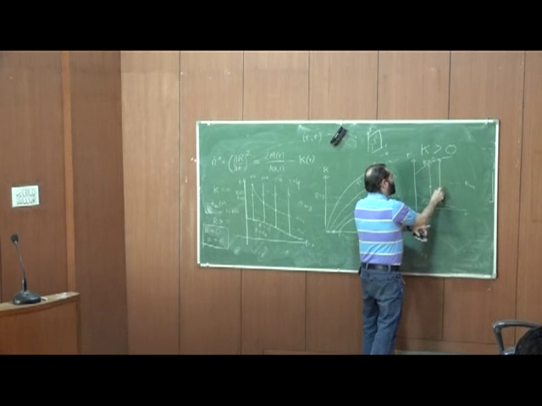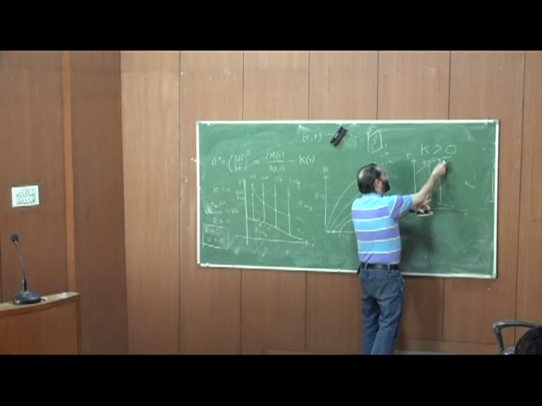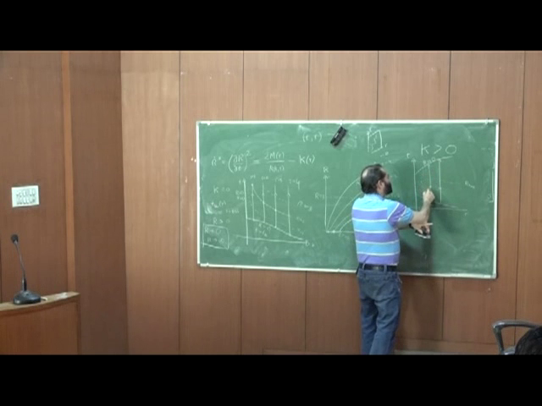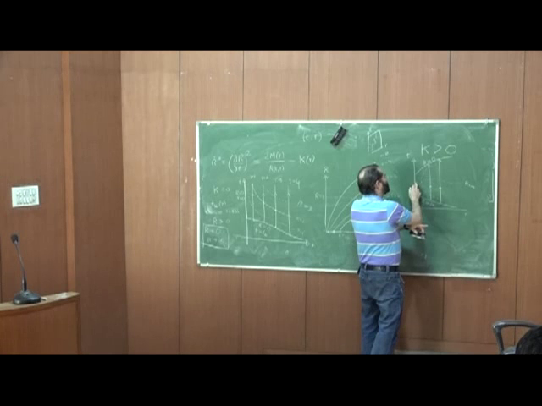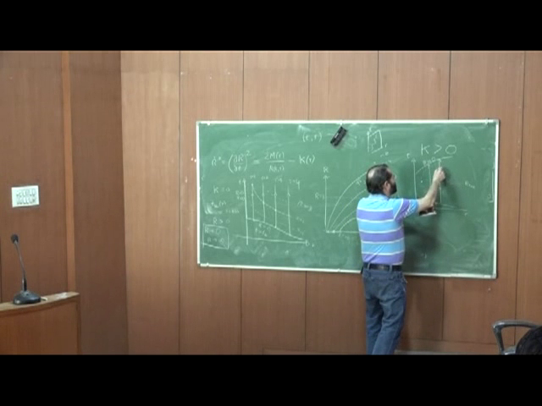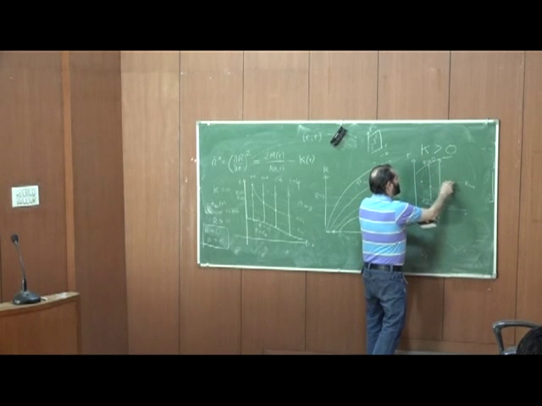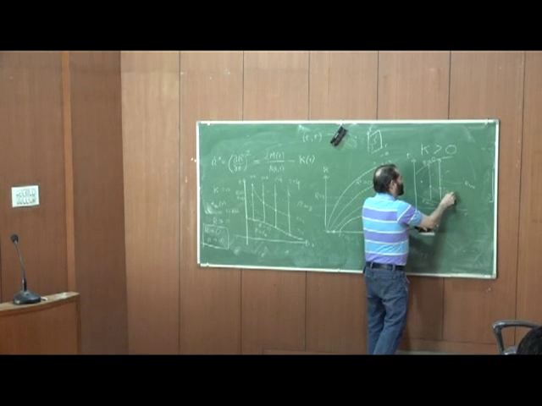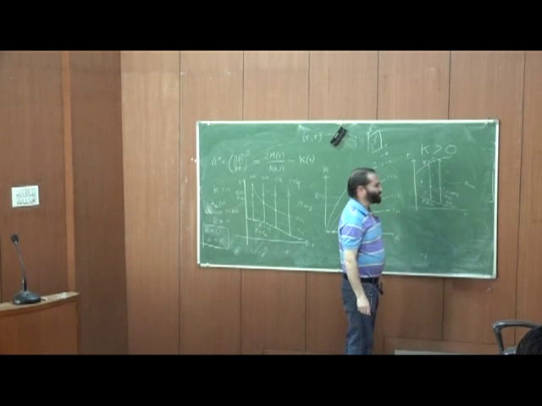Let me erase this thing here. This is R equals 1, R equals 2, R equals 3, etc. This is what the observers do.